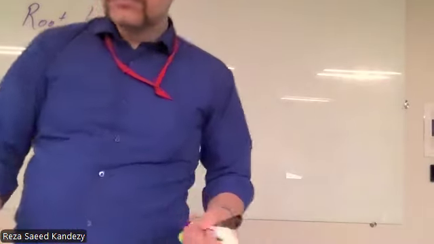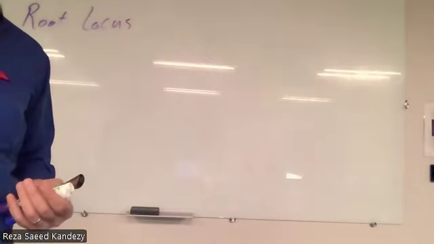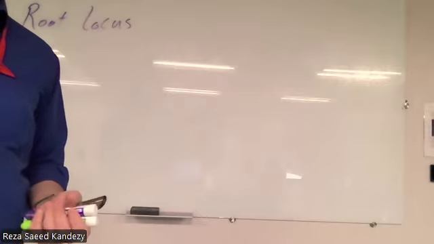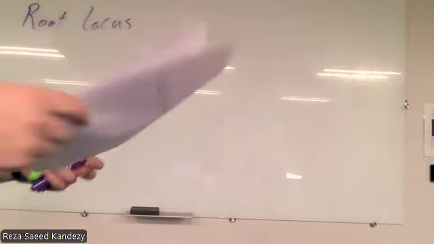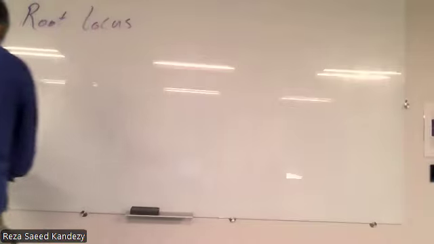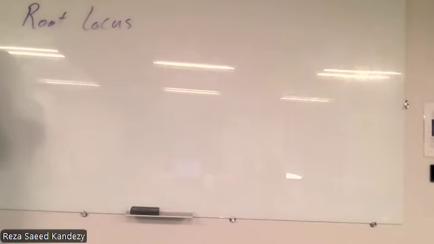Now, let's use an example for a system that has a variable value in it. I'm going to use the transfer function, or a block diagram. Let's go for the block diagram. Minus, plus.